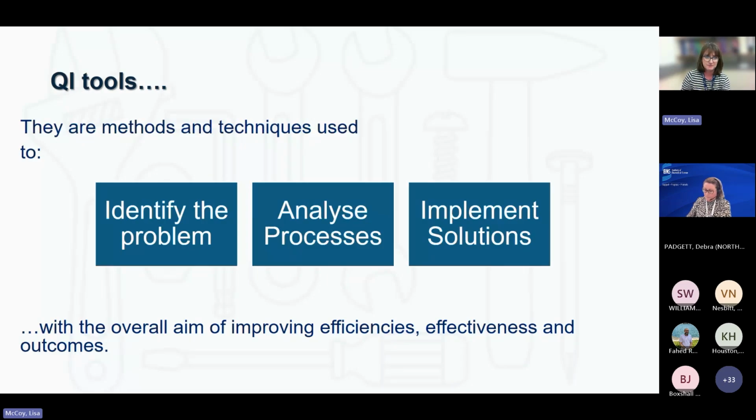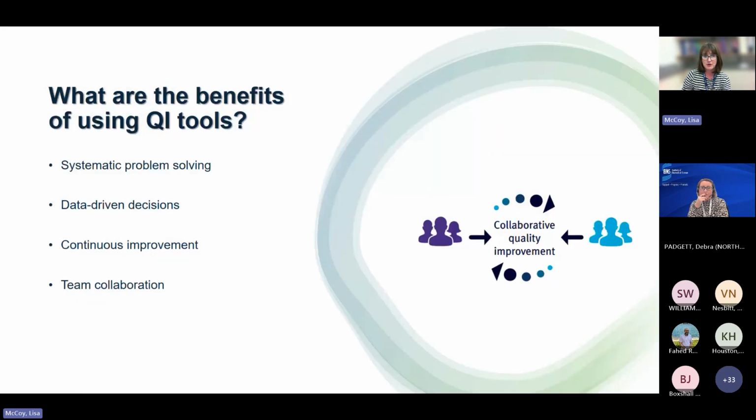And basically, quality improvement tools are methods and techniques used to identify the problem, analyse processes, and implement solutions with the overall aim of improving efficiencies, effectiveness, and outcomes. And the benefits of using these tools are that they offer a systematic approach to problem solving, and they allow data-driven decisions.